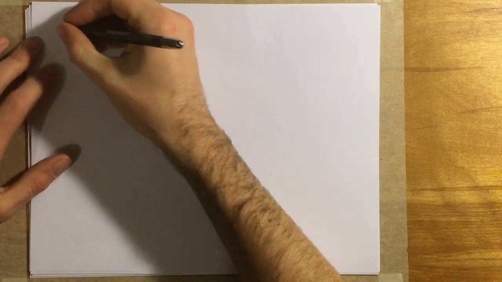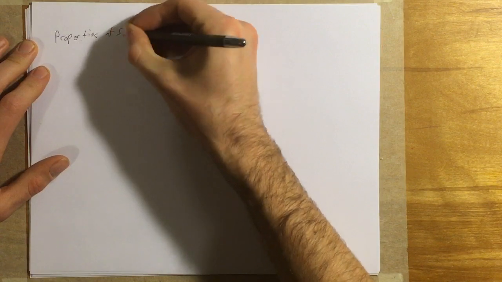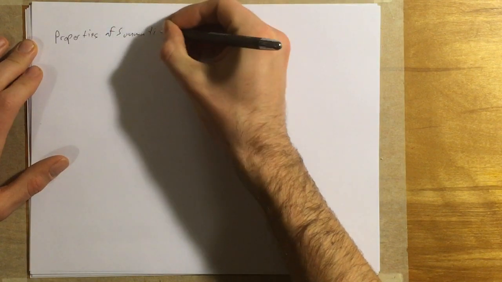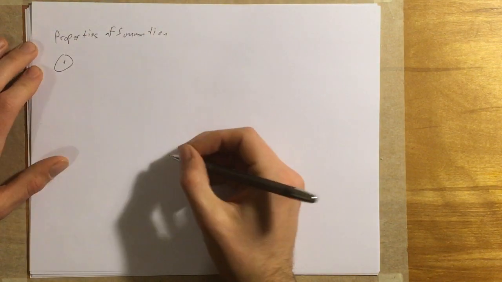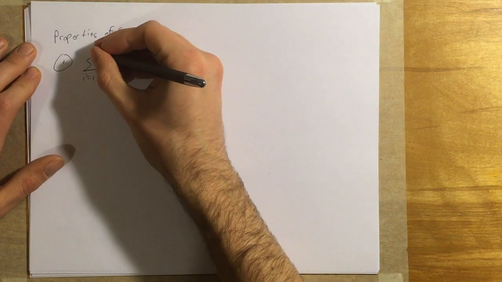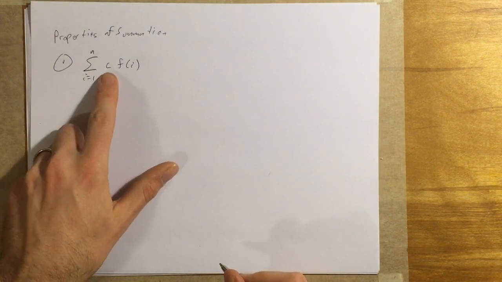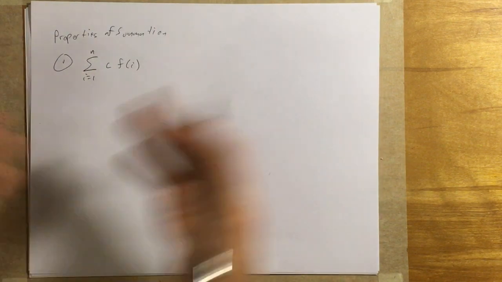There's also a couple of properties of summation that we're going to need. We're going to do 3 properties here. The first one is basically just factoring. Say you have a constant multiple on your function. Well, you're adding them up, right?